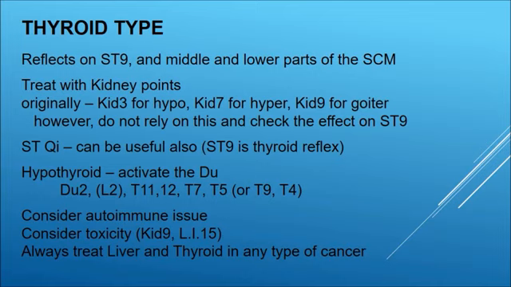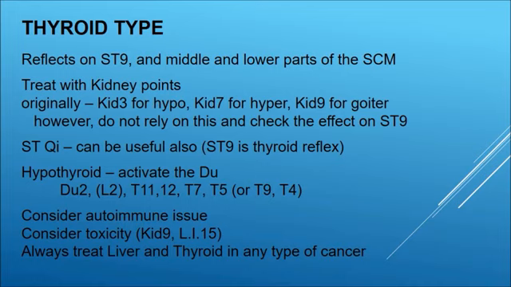We use DO 2, needled upwards, T11, T12, needled upwards if using the DO, or if using the Watteaus, go in and up. T7, DO or Watteau, and T5, DO or Watteau. You may add L2 as well.